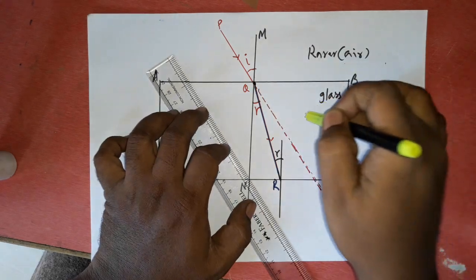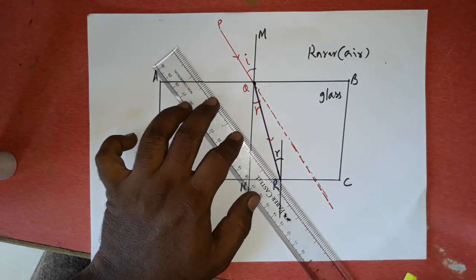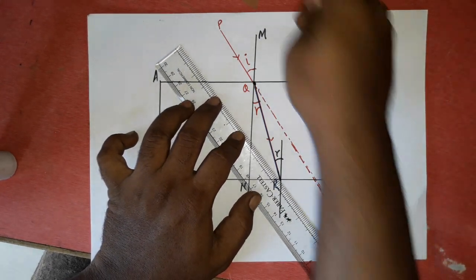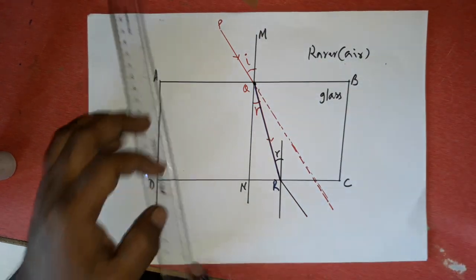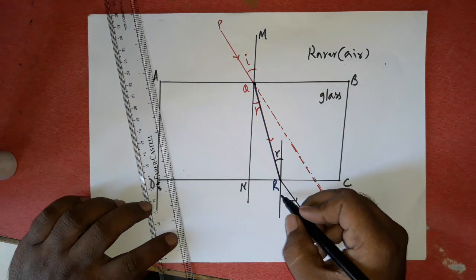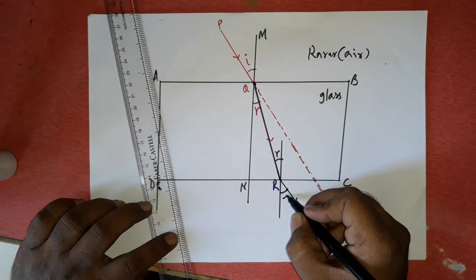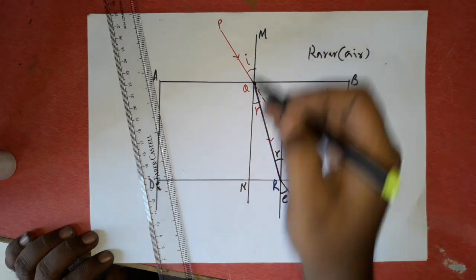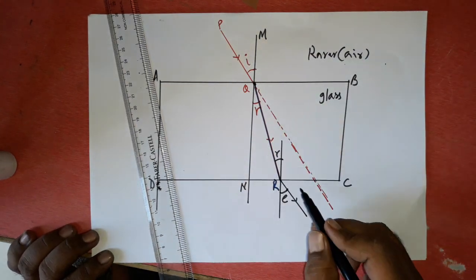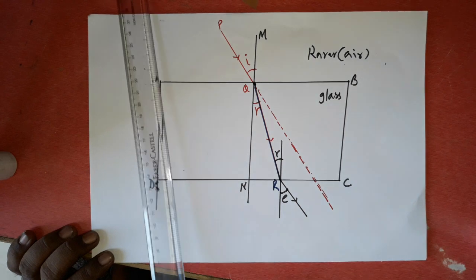Since it is going from denser to rarer medium, it bends away from the normal. This is called the angle of emergence. I is the angle of incidence, R is the angle of refraction, and this is the angle of emergence.